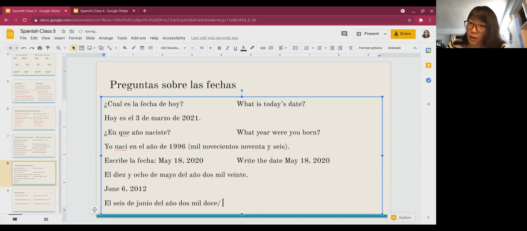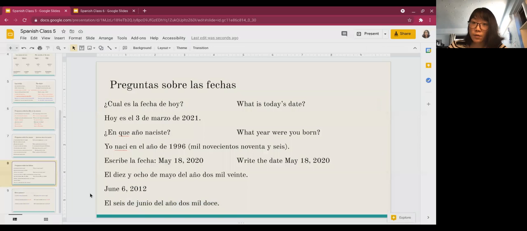Muy bien, 2012. El 6 de junio del año 2012. Right? Muy bien. Okay.